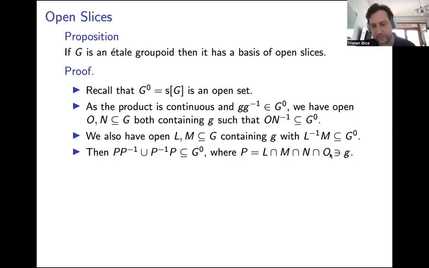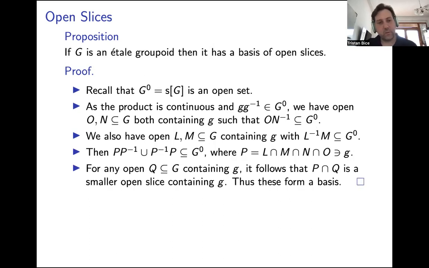They all contain G, so the intersection still contains G. And by shrinking these sets, because these are contained within O and this P is contained within N, certainly the same thing applies. The P inverse is still contained within the unit space. It's possibly smaller. And likewise here. So once we take the intersection, we get this P, which tells us that P is indeed a slice, an open slice.